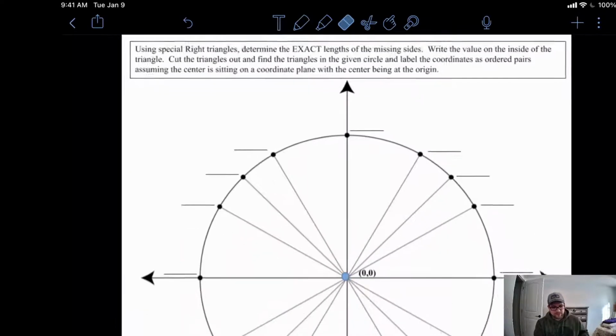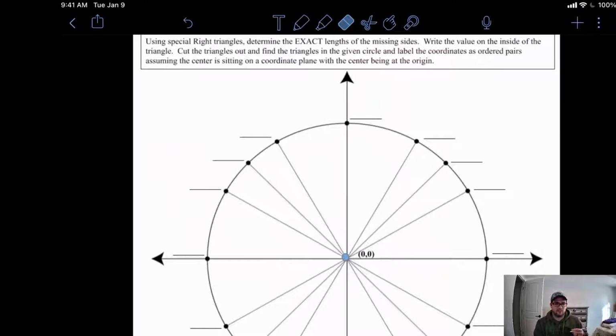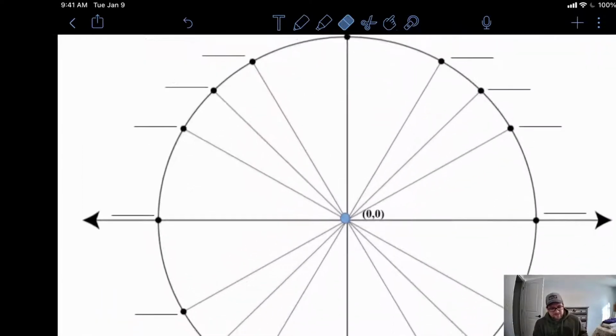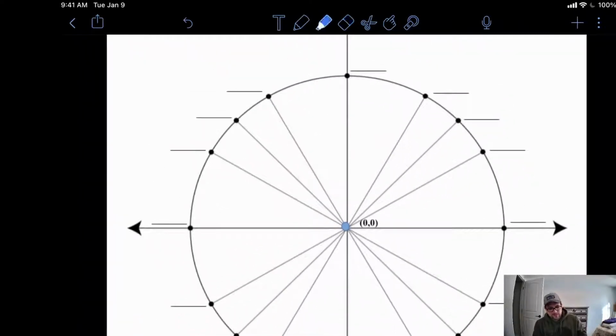Now, when we are looking at the unit circle, it's important to understand what the unit circle means. This is a circle that is centered around the origin, the origin being 0, 0 over here, in which every point on the circle is 1 unit away from the origin. So over to here, we would be 1 unit away. Over to here, 1 unit away, 1 unit away, 1 unit away.